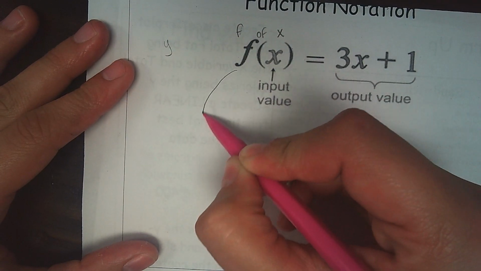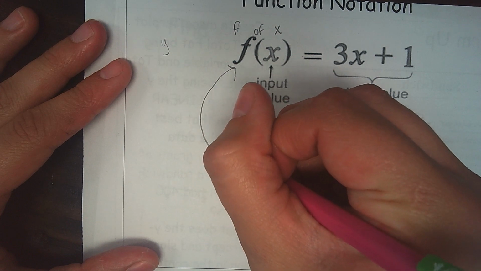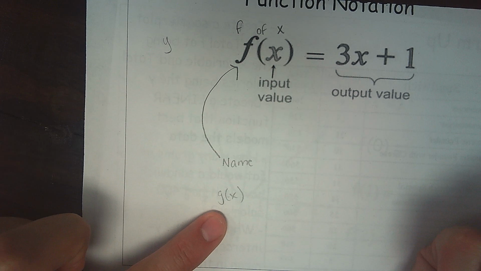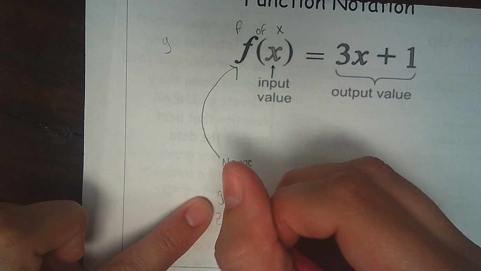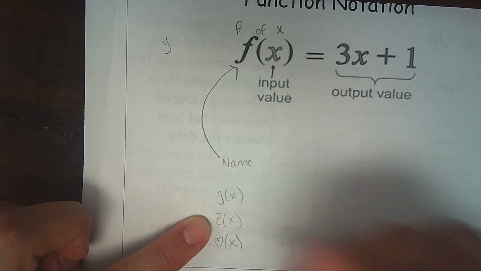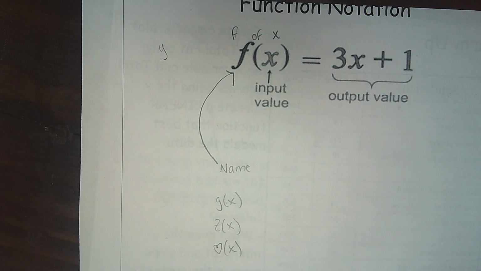This is the name of the function. So if I had g of x, this would be function g. Same thing if I had z of x, that would be function z. I could do the same thing with heart. So heart of x, this would be function heart. Well, we can name a function anything we want to.